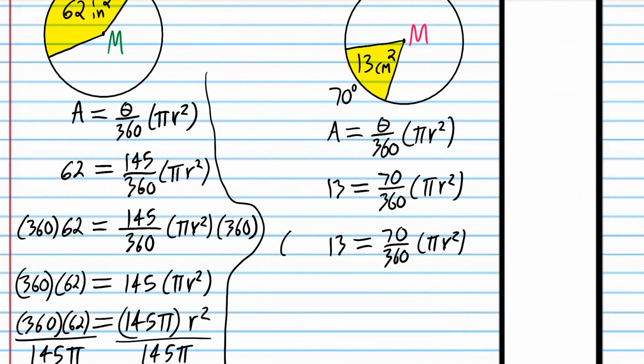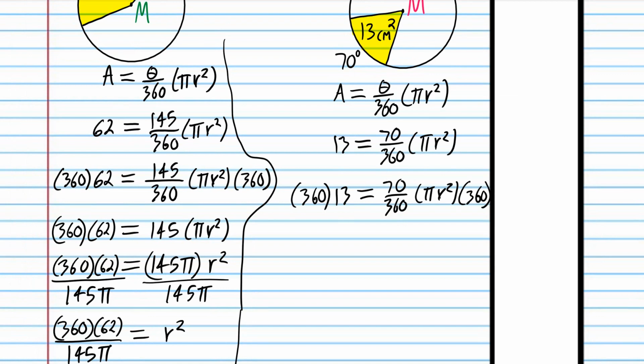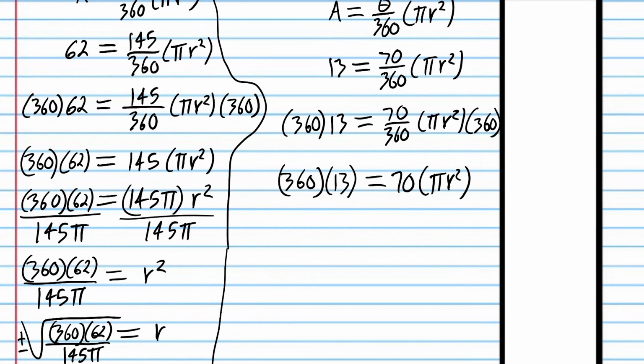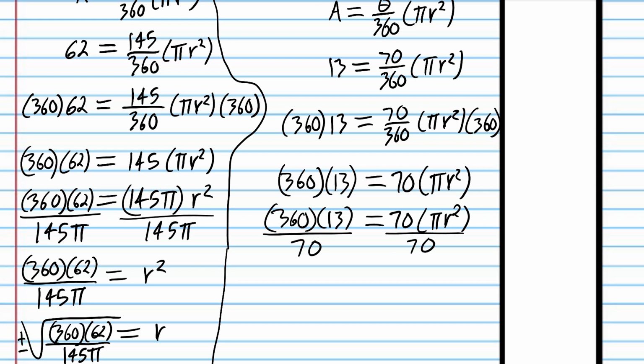So we're going to multiply by 360. And then we get 360 times 13 equals 70 times pi r squared. Then I'm going to divide both sides by 70. We're trying to isolate pi r squared.